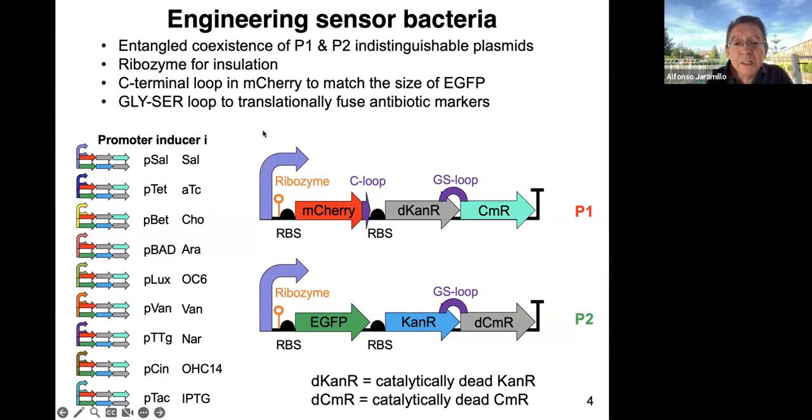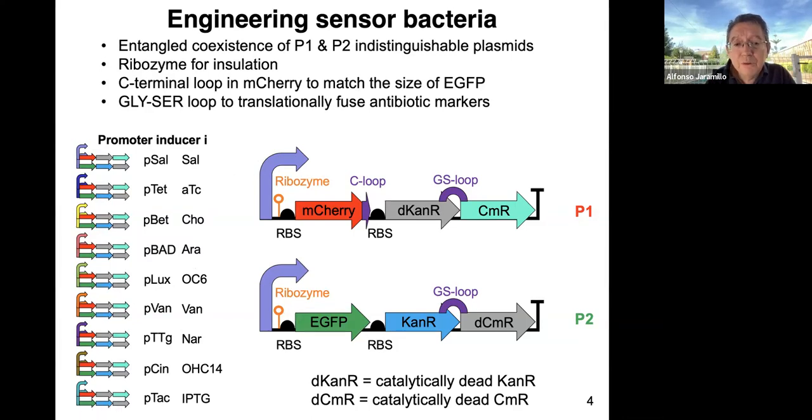This makes the system a sensor, because the transcription is activated only when you have the cognate chemical. So if I put here the PSAL promoter, then only when I have salicylic acid will it get transcribed.